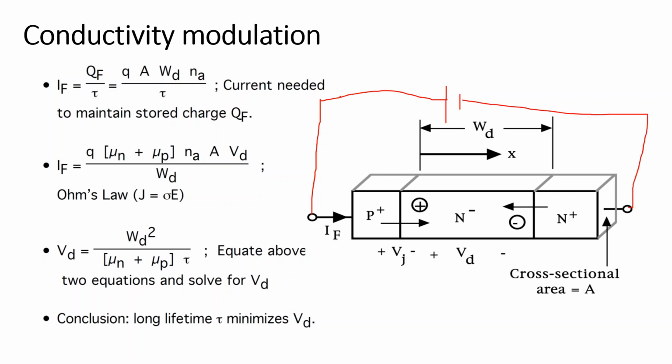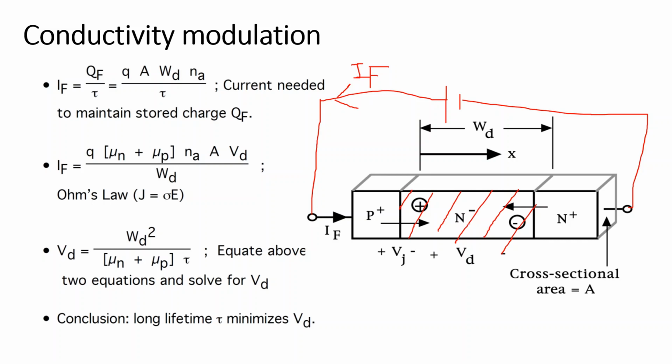Let us say we have to supply IF current externally to keep the n minus region stored with, or filled with, charges.